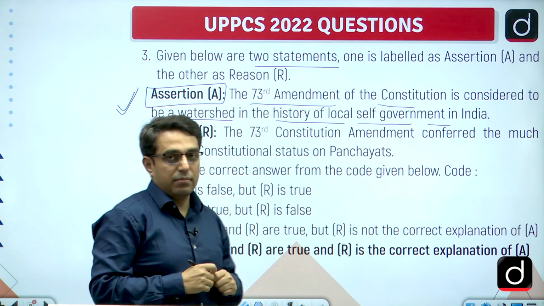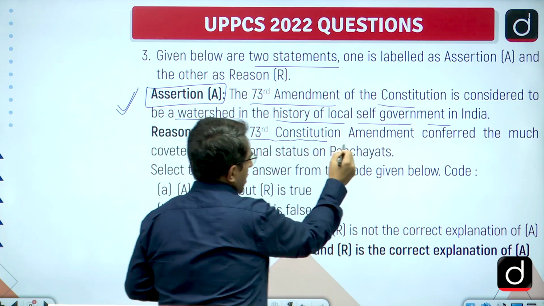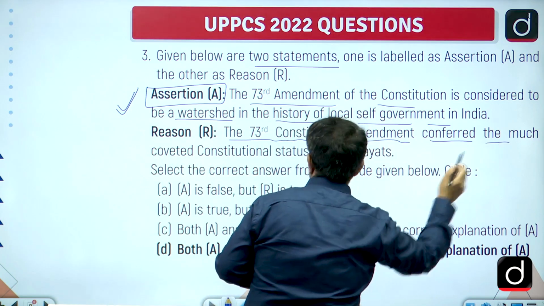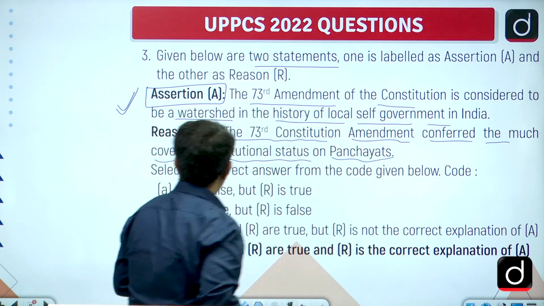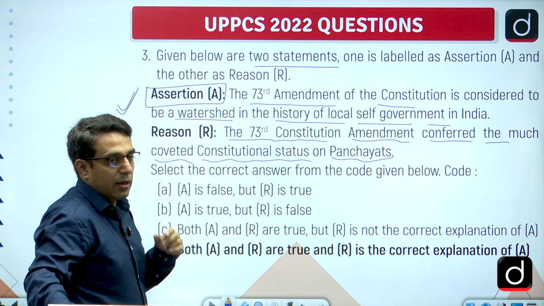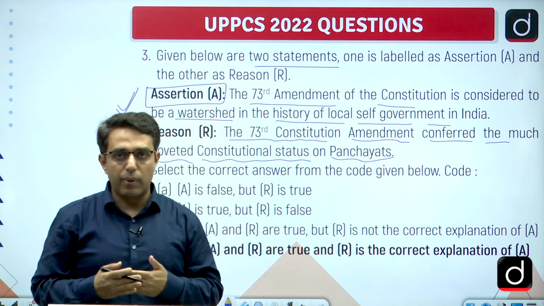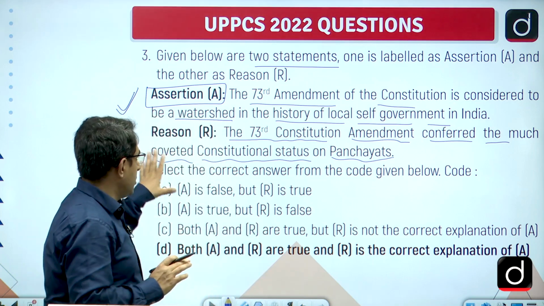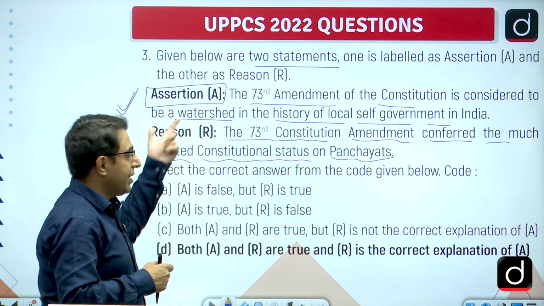Then a reason has been given. The reason says the 73rd Constitutional Amendment conferred the much coveted constitutional status on panchayats. So, this is the reason why it is true, right. While solving an assertion reasoning question, how should we go about it? The idea should be to read the reason, add a 'because', and then read the assertion.